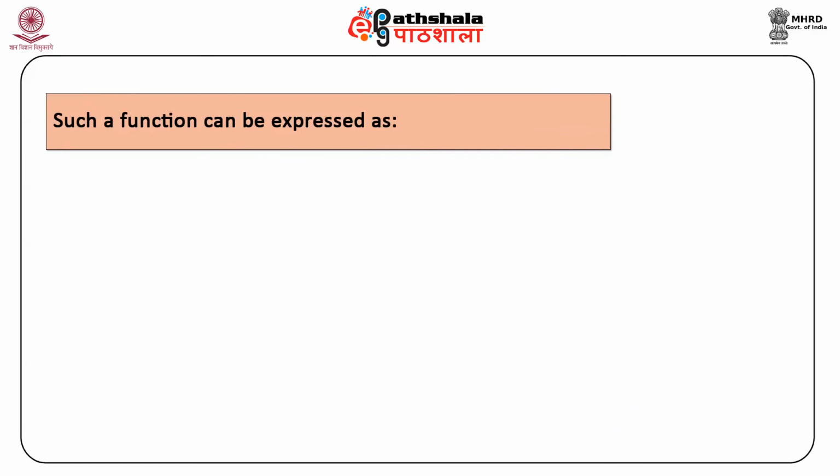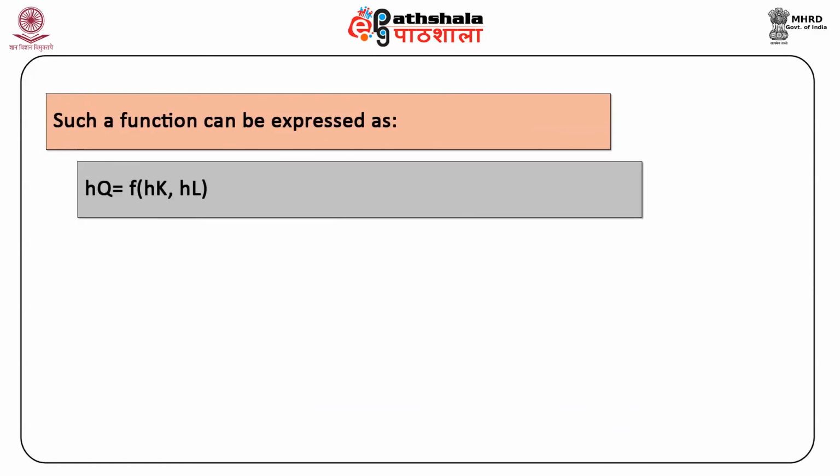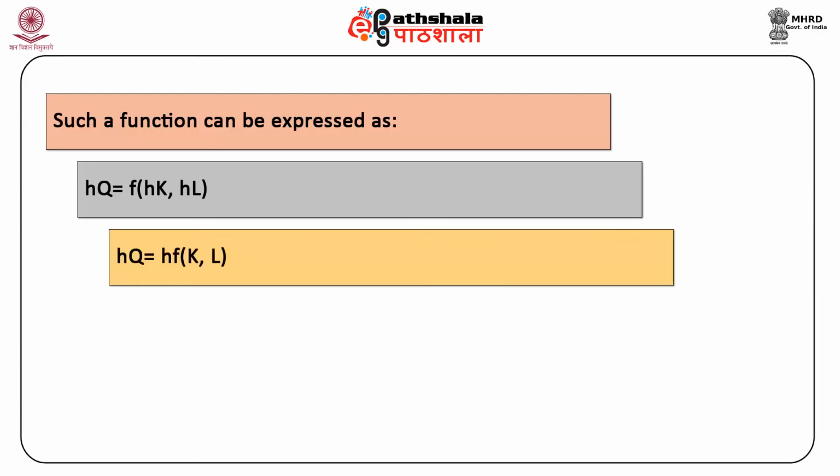Such a function can be expressed as hQ = F(hK, hL), that is, hQ = h F(K, L).